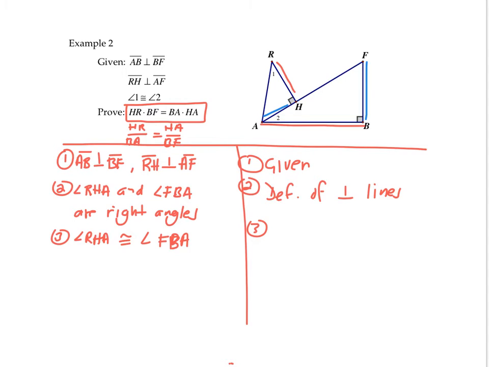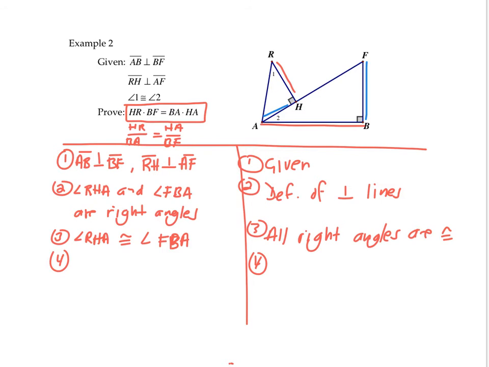In this case, we're going to justify this by simply saying all right angles are congruent. Just keep in mind that every textbook, every presentation does things a slightly different way. And what I'm telling my students in honors geometry is that it is okay to take this little shortcut here.